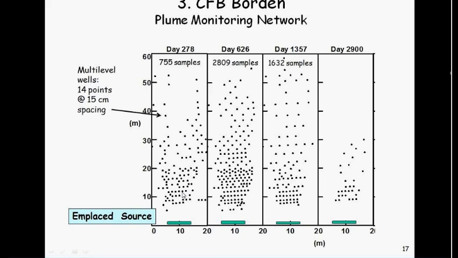So near the source, we have wells spaced typically a half a meter or less apart with vertical sampling every 15 centimeters. So it's not hard to end up with 800 samples to monitor a plume. Or the best one we had was 2,800 samples. That's a lot of samples. This isn't the real world.